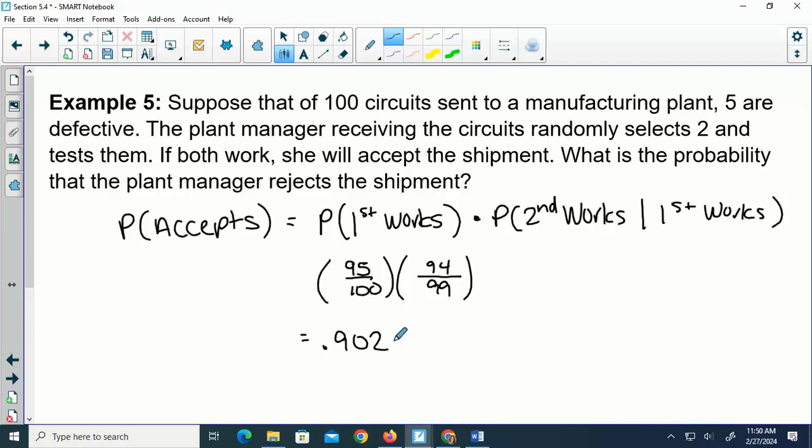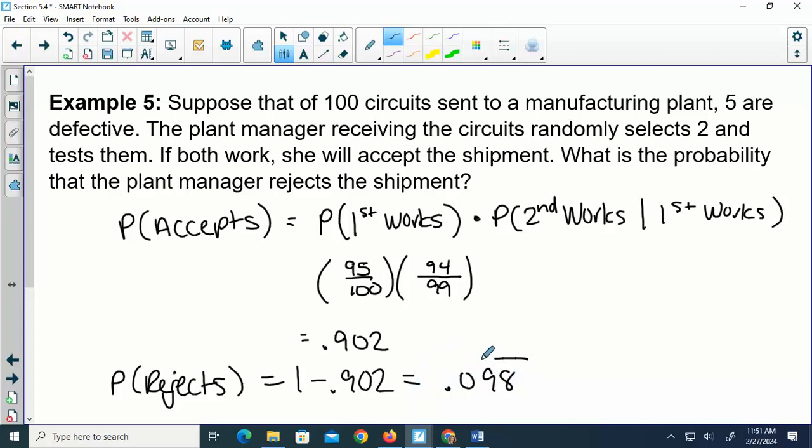So we get 0.902. So then how do we find the probability that she rejects? So we get 0.098.